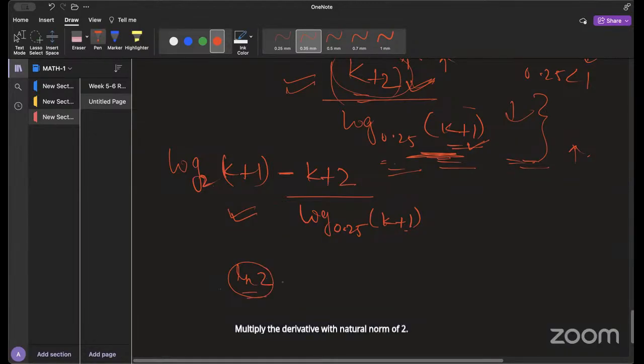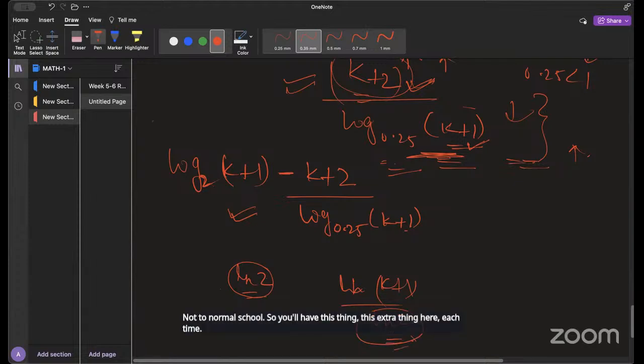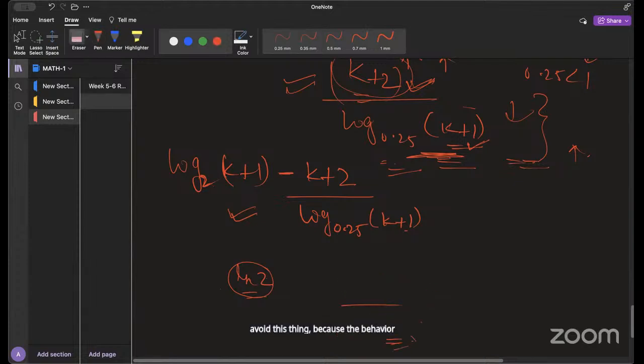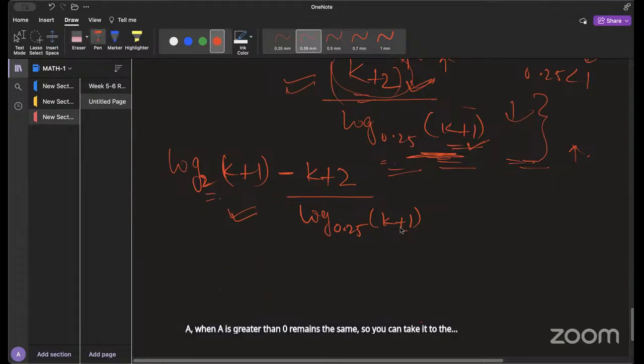Because this thing is basically natural log of k plus 1 by natural log of 2, you'll have this extra thing here each time. To avoid it, because the behavior of log base a when a is greater than 0 remains same, you can take it, for simplicity, if you just have to figure out if it's increasing or decreasing. I'm just telling you this so that you don't have to do all the calculations there.